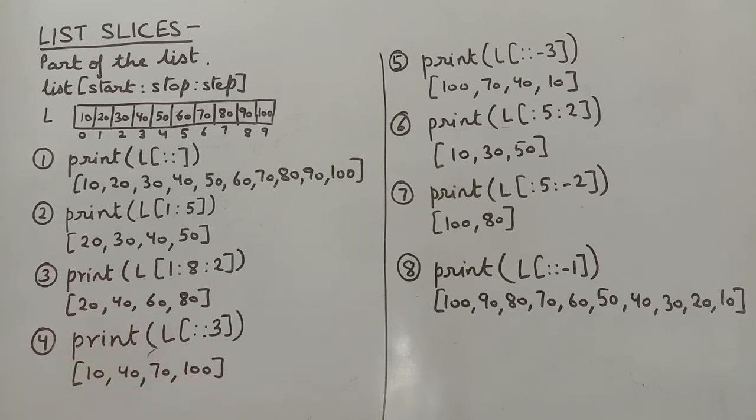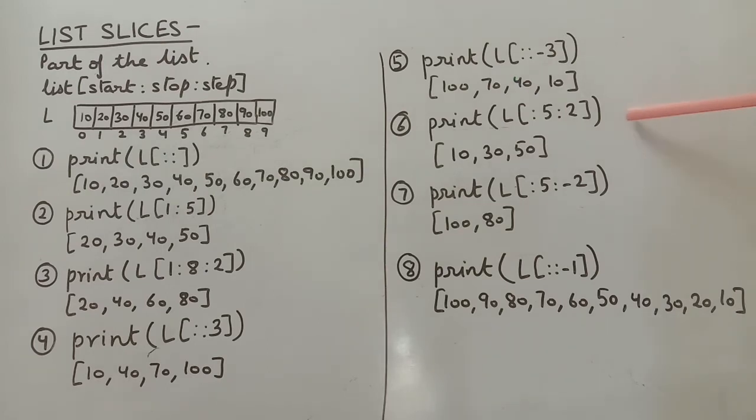Next example: I have not provided the starting and ending index, but the step value is -3. When the step value is -3, start is assumed to be -1 and end is assumed to be the beginning of the list. Starting from the back side, we take 100, then 70, then 40 and then 10. This is your answer.